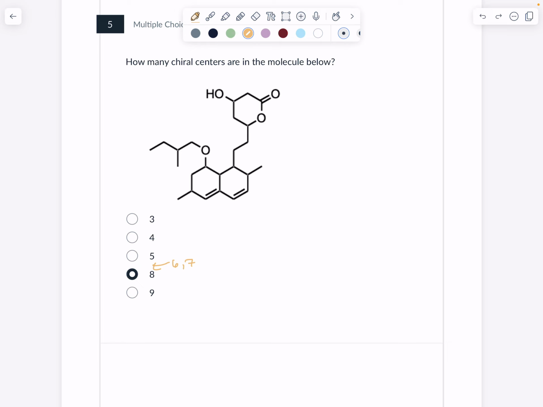So to make this question a little bit easier for you, I took away those two so that you could be sure to find it. So either you could find most of them and figure out, oh, there's probably an 8th one, or if you're not getting to 6 or 7, then you need to practice a little bit on finding your chiral centers. But that was kind of how I tried to make this question a little bit easier for you.